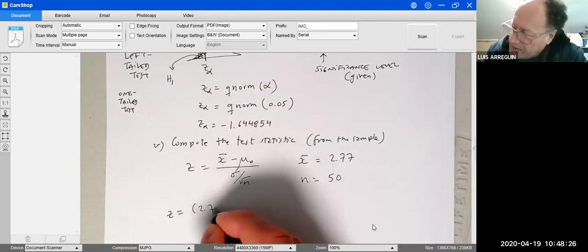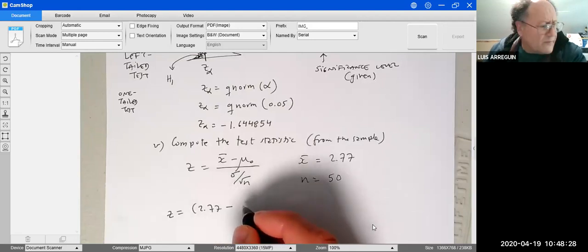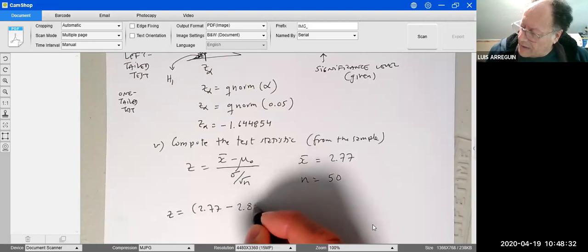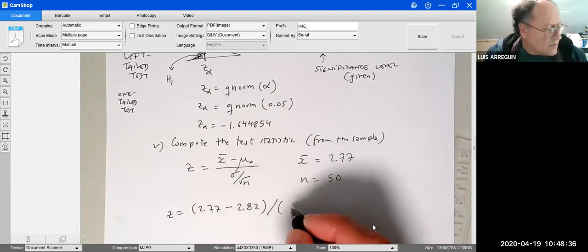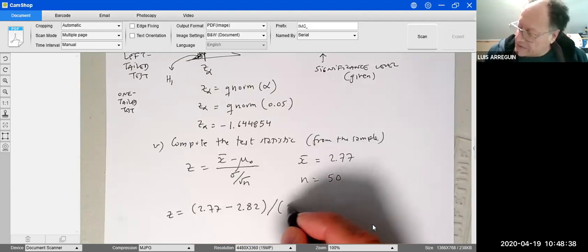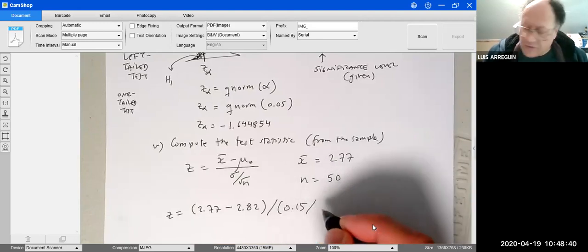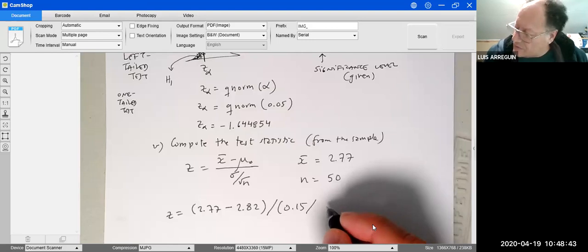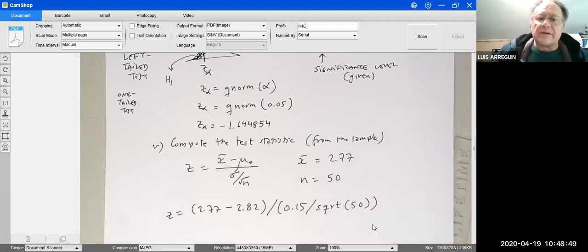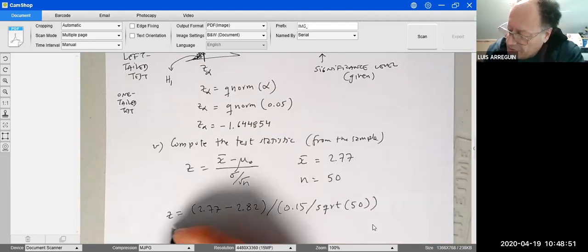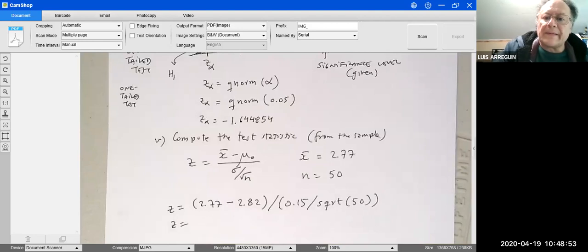Parentheses 2.77 minus the mean from the null is 2.82. We're going to divide this by the standard deviation of the population, which is 0.15. Because we are working with a sampling distribution, we need to divide this by the square root of the sample size, which is 50.